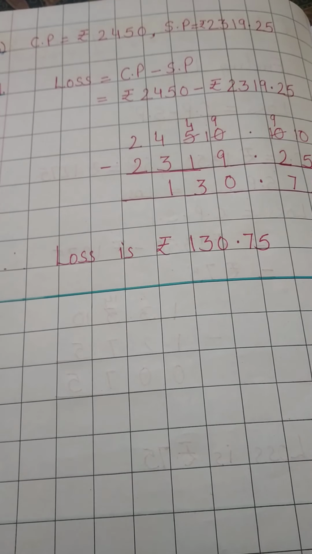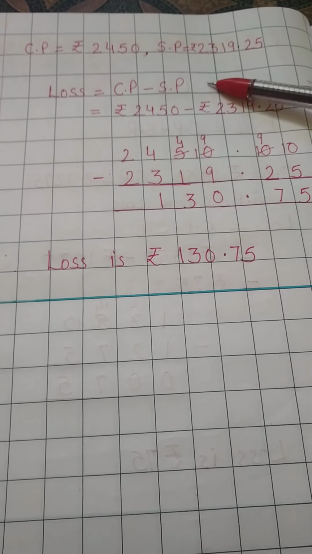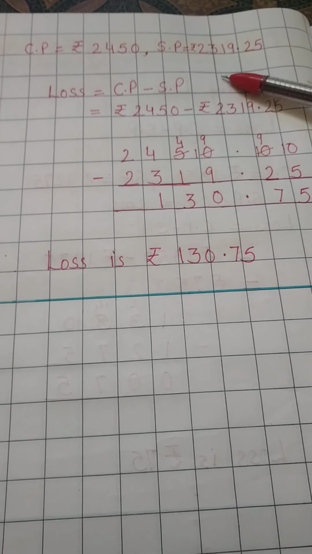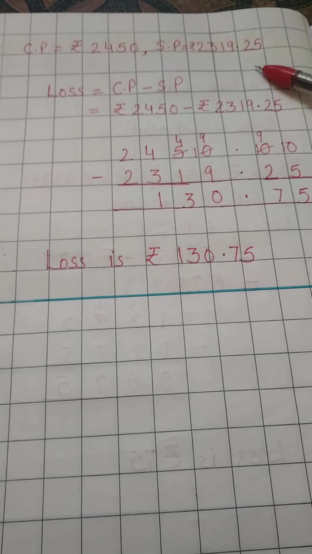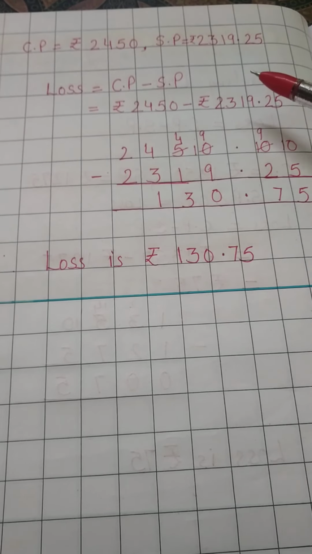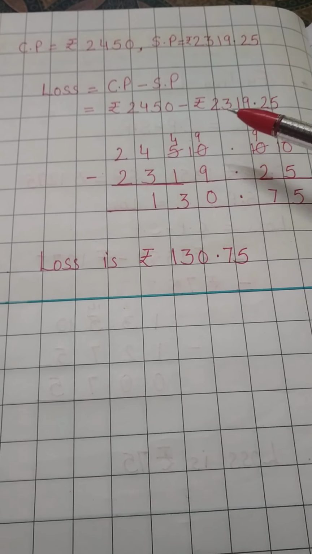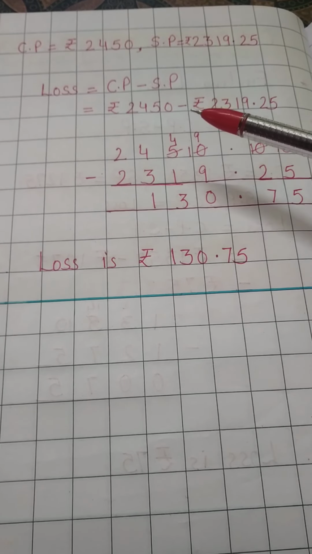After this, I have taken another question. Here cost price is given as 2450 and selling price is 2319.25, that is 2319 rupees 25 paise. So here also it is loss, so we will put in the formula: cost price minus selling price.